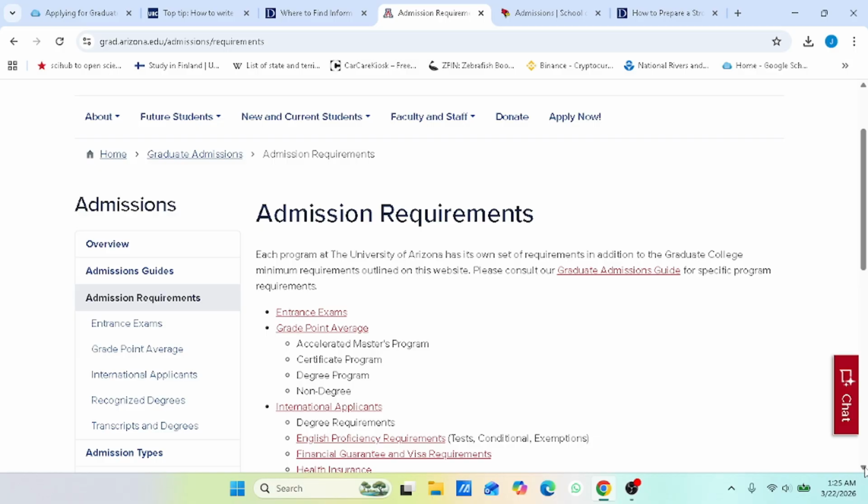In other words, these are umbrella requirements from graduate school covering all departments across the university. But in addition to this, each individual program has some stipulations, some requirements specific to them, which means these requirements will have to be included in your application, failure to which the admissions committee will not review your application.